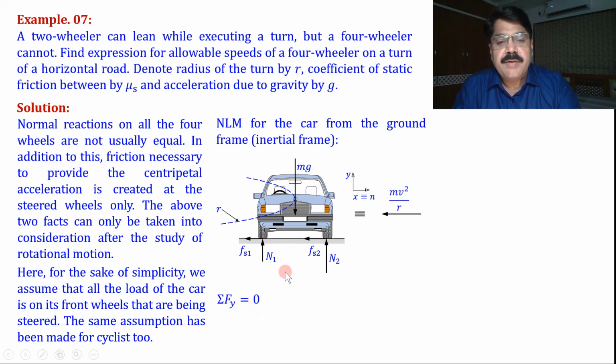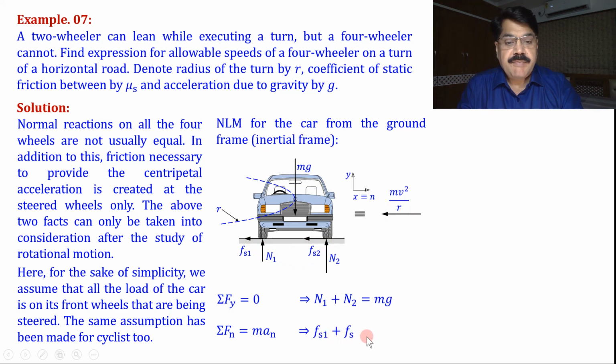So n1 plus n2 is equal to mg. This is one equation. And summation Fn is equal to m an. In the normal direction there are two forces, so Fs1 plus Fs2 is equal to mv square by r.